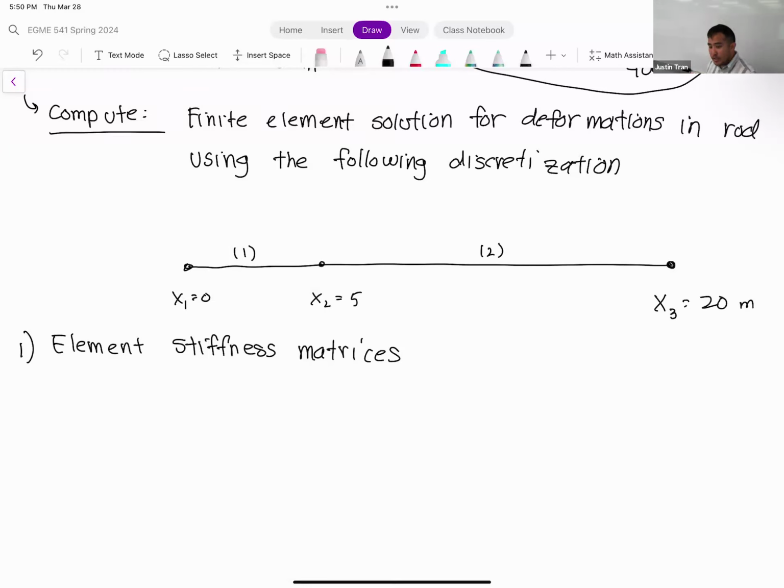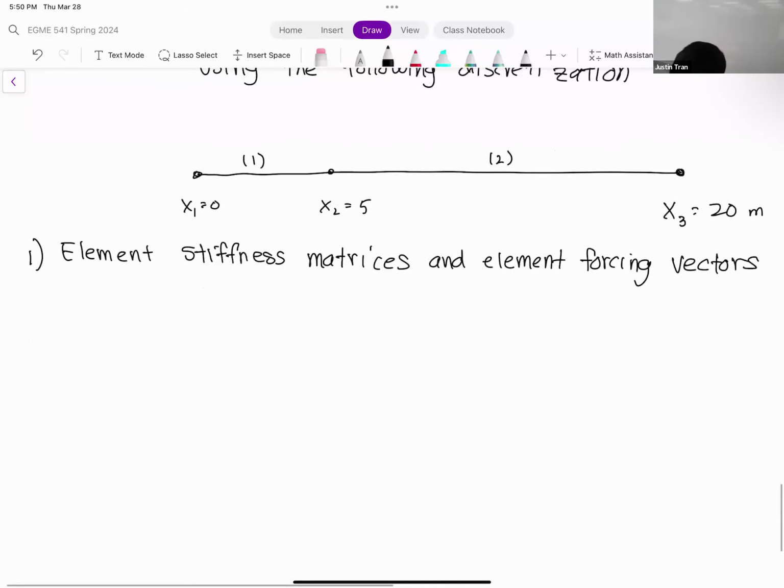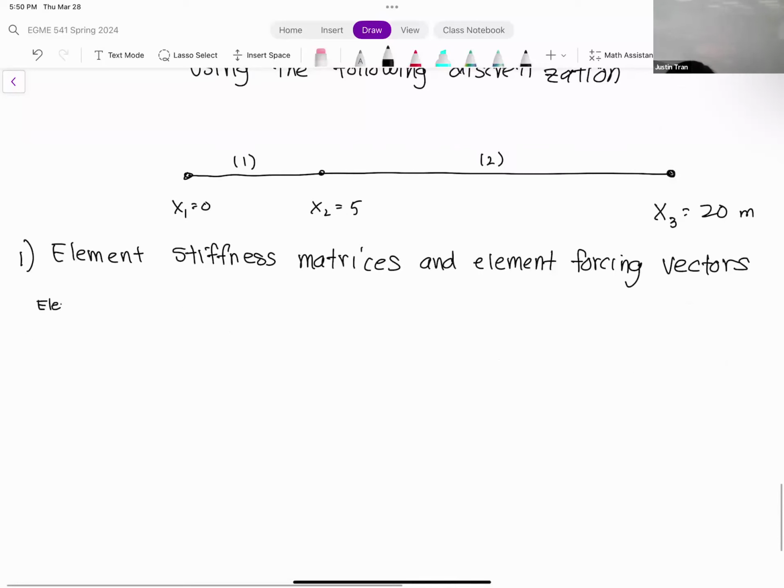In addition to the element stiffness matrices, we're also going to be computing the element forcing vectors as well. All right, so let's start with element 1. And I forgot to mention, we are assuming linear elements, and so our shape functions are linear.